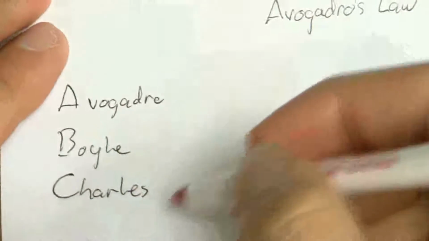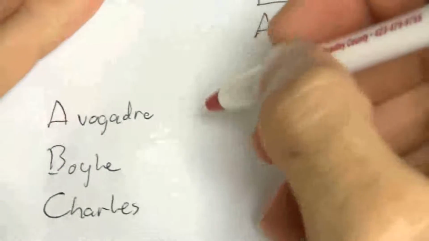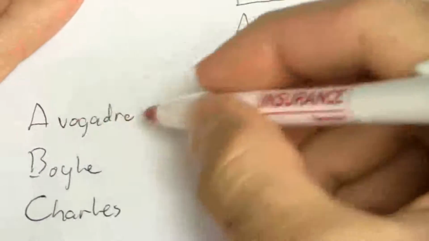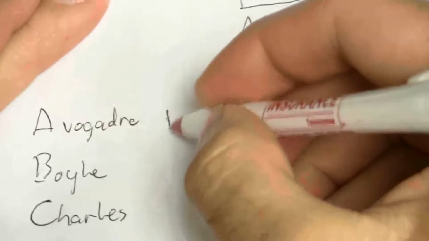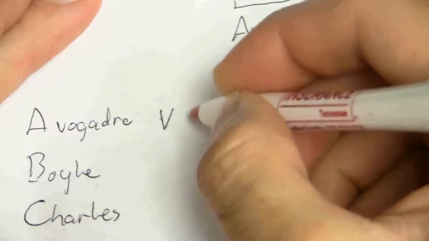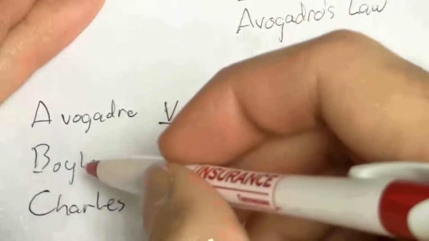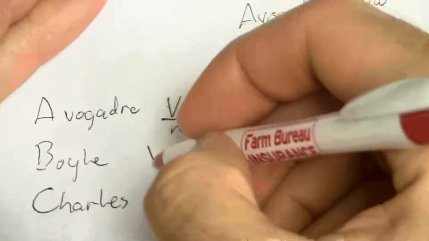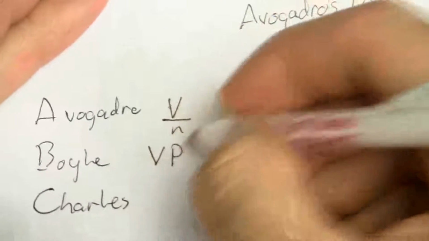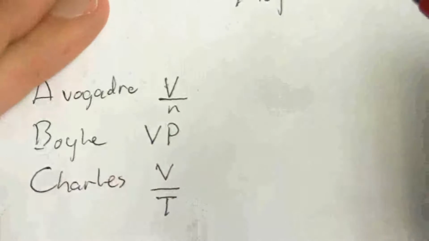Three different laws relating the different aspects of gases. Avogadro, think Avogadro's number, you're thinking moles, so that's volume and moles. Boyle's law is volume and pressure. And Charles' law is volume and temperature.